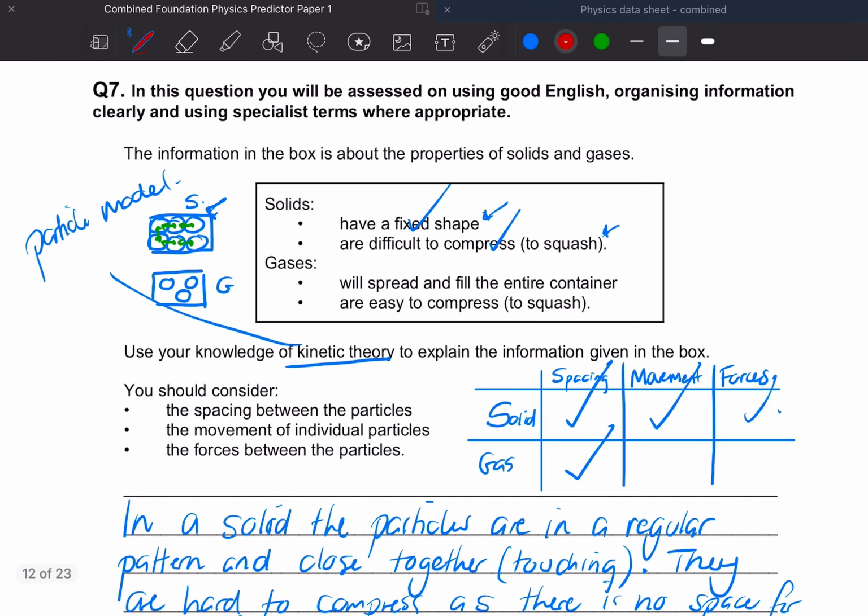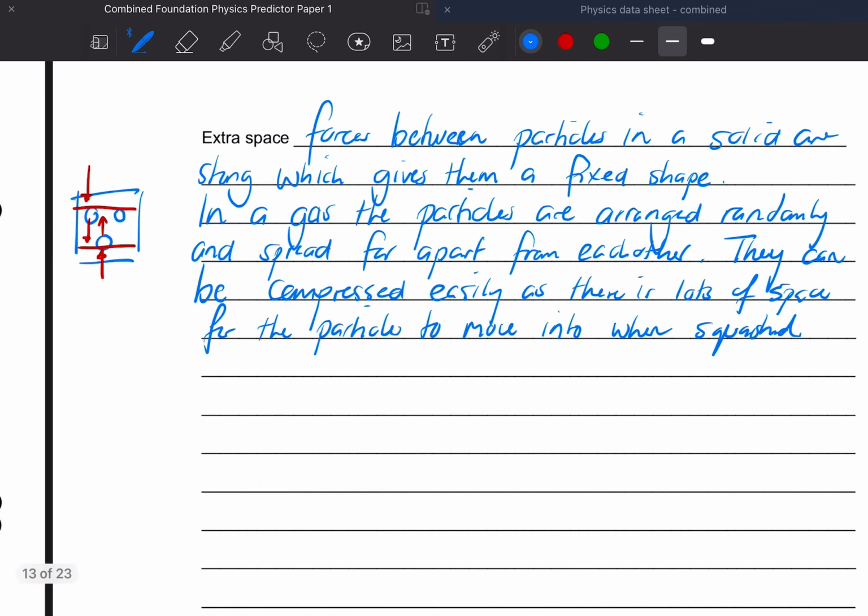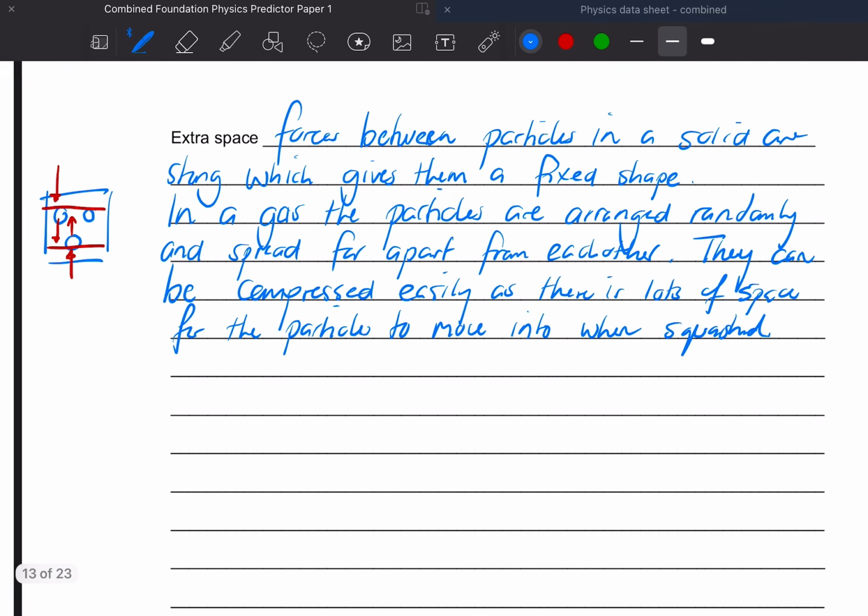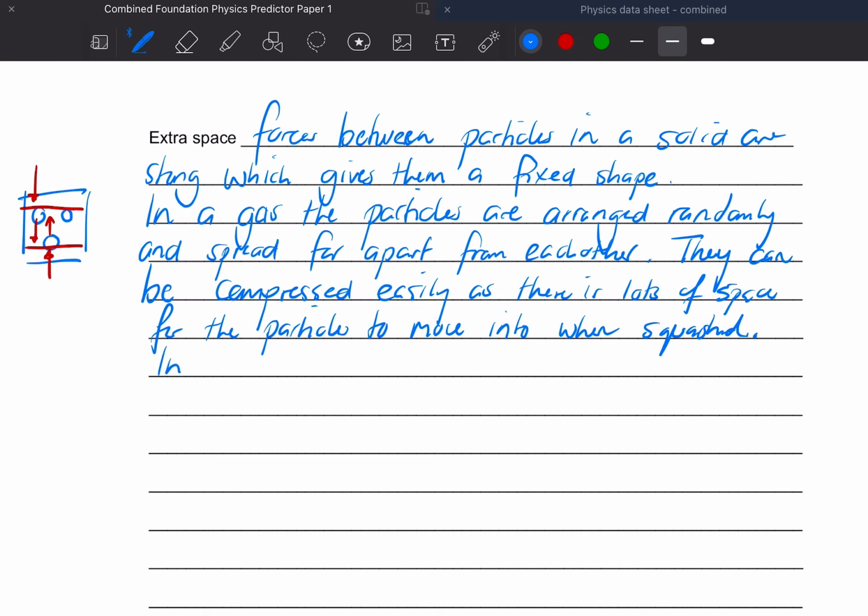So we go back and we can say, well, we've done that one. We talked about that one. So let's talk about the movement. In a gas, the particles move randomly in all directions at high speed.